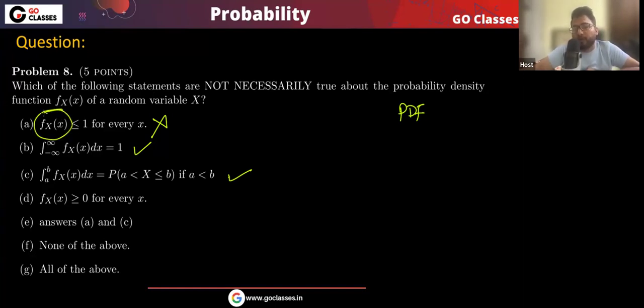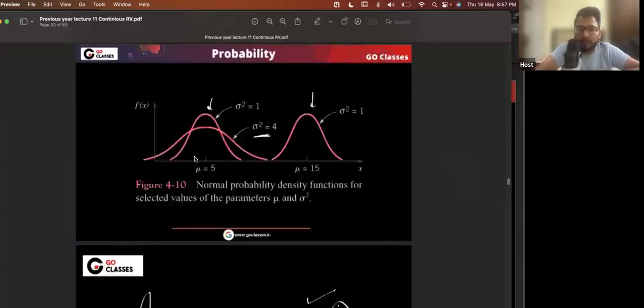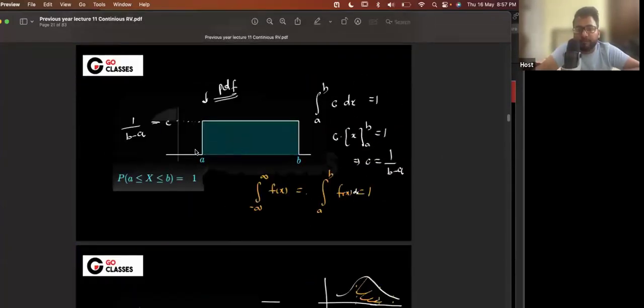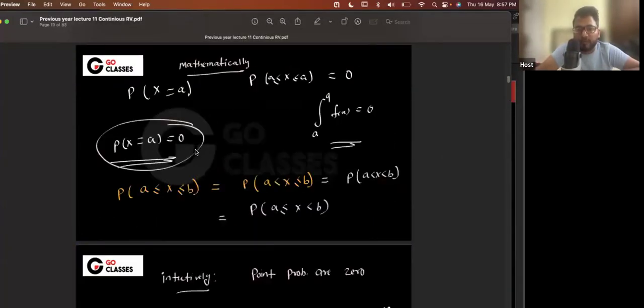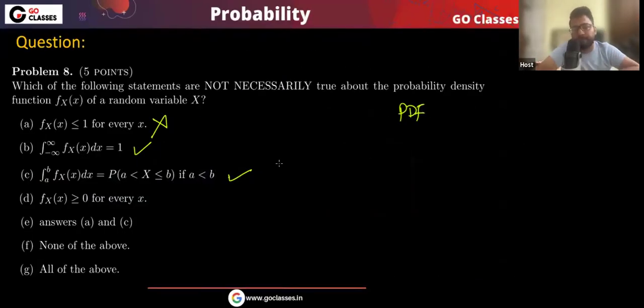This is not probability. Remember, since it is not probability, it need not be less than or equal to one. There are many instances where we have seen this. In the previous module also we have seen that it could be greater than one. The PDF could be greater than one. See here, for example, this could be 10. So the PDF could be greater than one, but the integration is not greater than one.